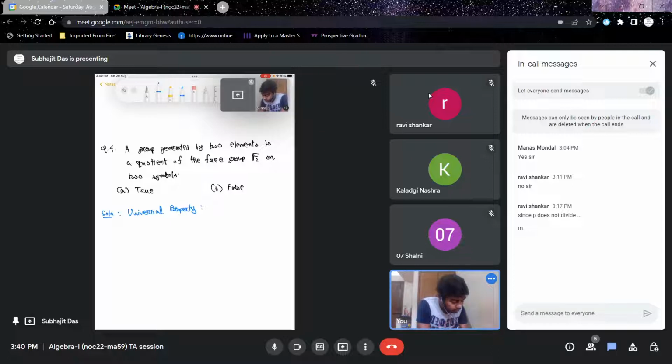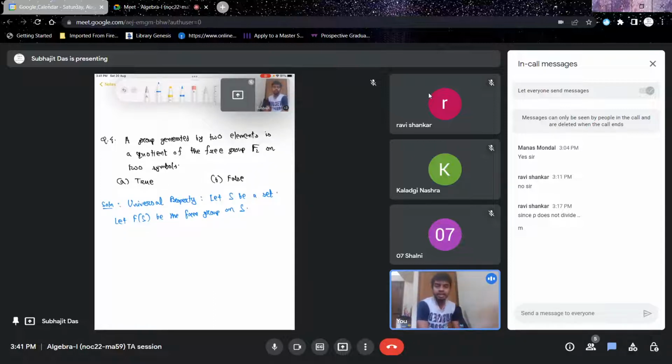So what can I say? Let S be a set, and let F_S be the free group on S. You know what this is. You have constructed it internally, so you understand what F_S is.